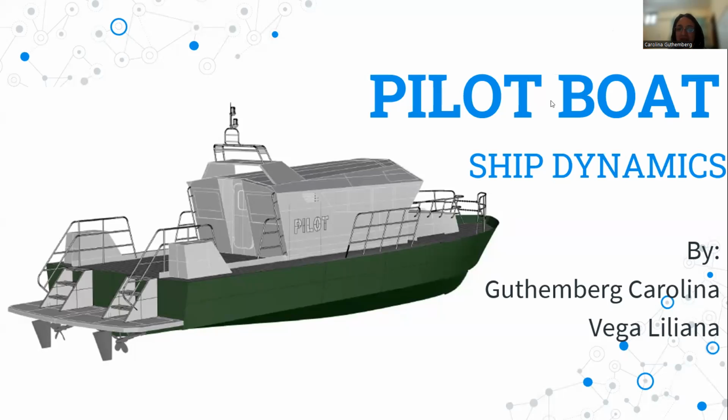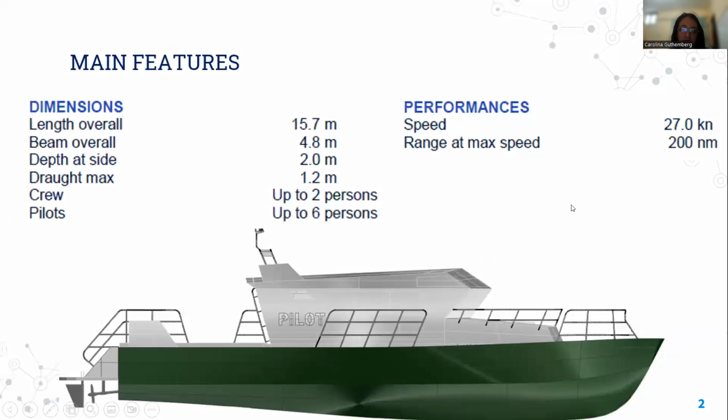Okay, good morning. We are group number 2. The project will be developed by launching a pilot vessel with the following main characteristics. The length is 15.7 meters, and the depth is 2 meters. The max speed is 27 knots.